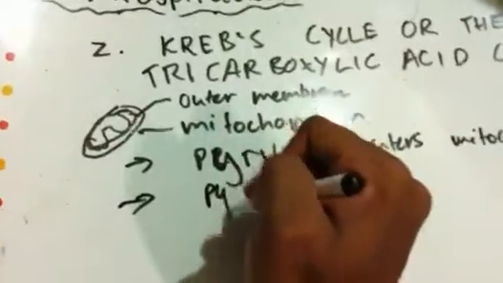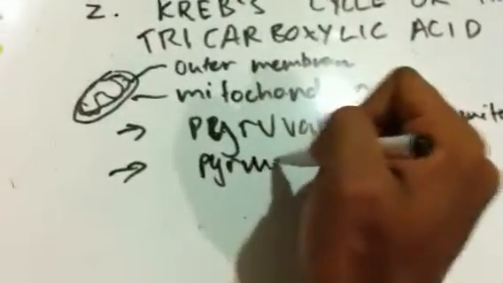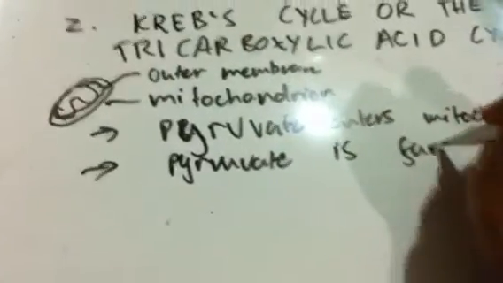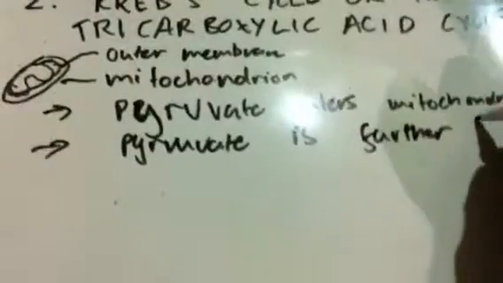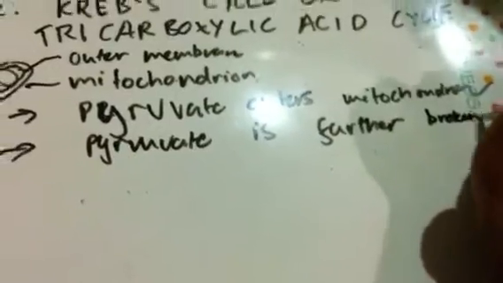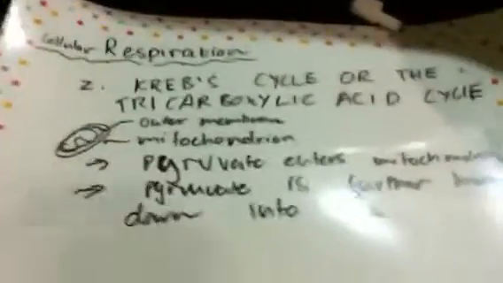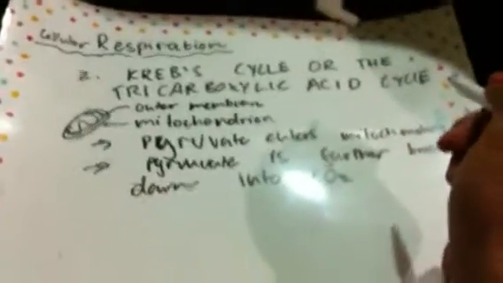The pyruvate is further broken down into CO2. So we get some CO2 from this stage, which obviously constitutes the waste products of the overall reaction, if you remember the overall reaction.